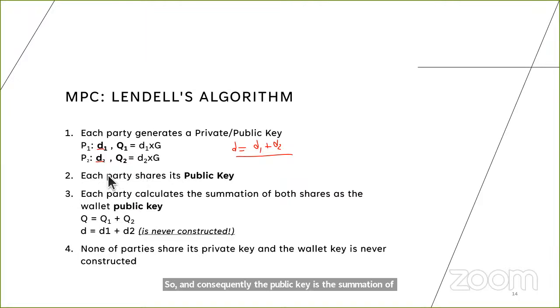So this is the first step. The second step is that each party shares its public key, not the private key. The private key will never be exposed or shared with the other party. Each party receives the public key and is able to construct the wallet public key by adding both public keys, Q1 and Q2.